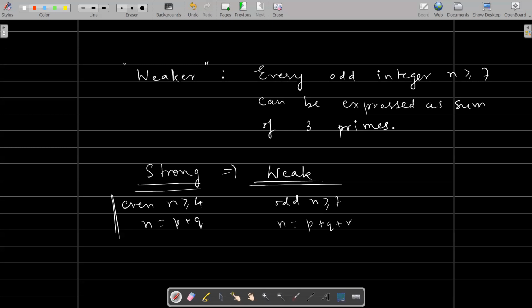Can we do that using the strong form? So once again, strong form implies weak form. If I assume this result, every even n greater than or equal to 4 can be expressed as a sum of two primes, using this I have to prove that every odd n greater than or equal to 7 can be expressed as three primes.